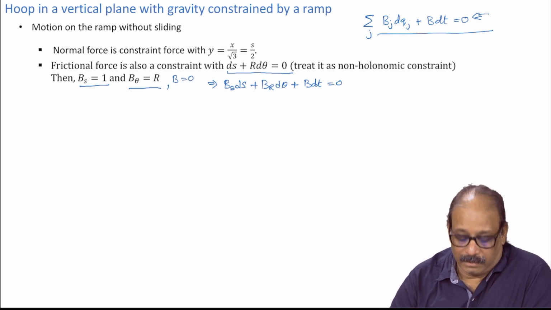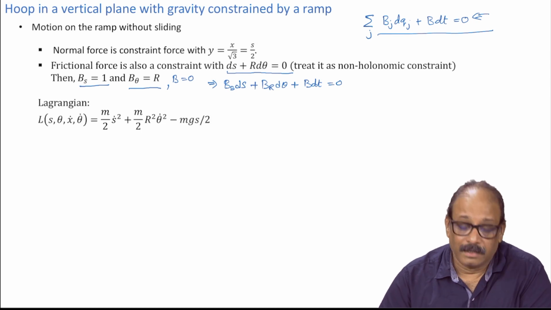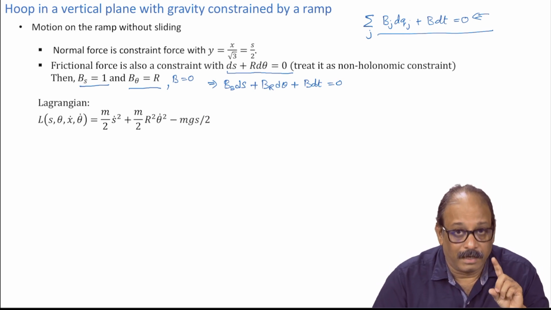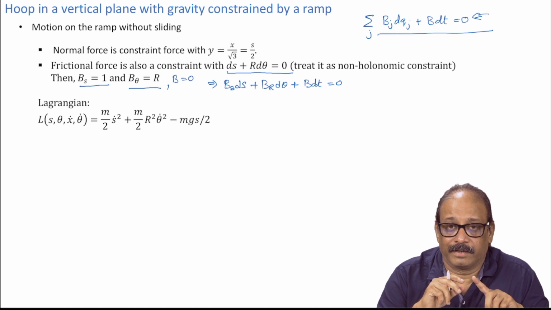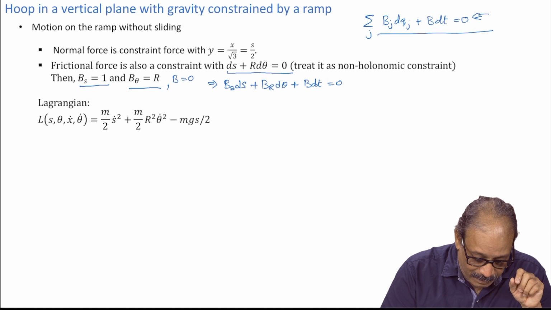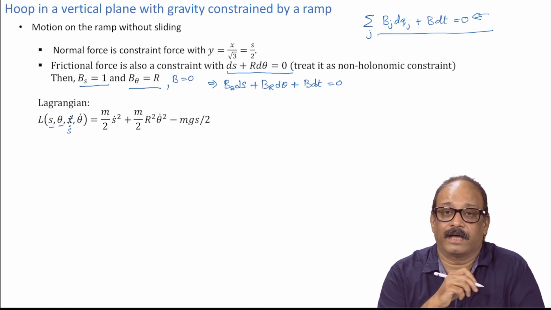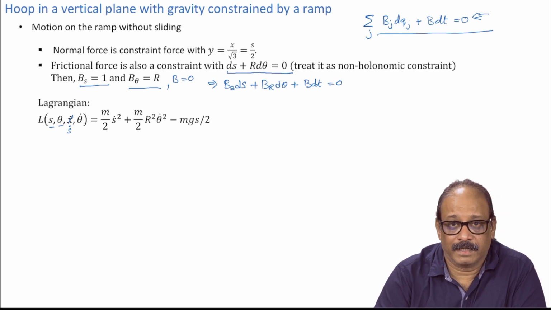Okay, fine. Now let us apply this. How do we write the Lagrange's equations for a non-holonomic constraint? Start by writing the Lagrangian. The Lagrangian is now not a function of one variable, but of two variables. It will still remain a function of s, theta, s dot and theta dot, and that same Lagrangian will be there.